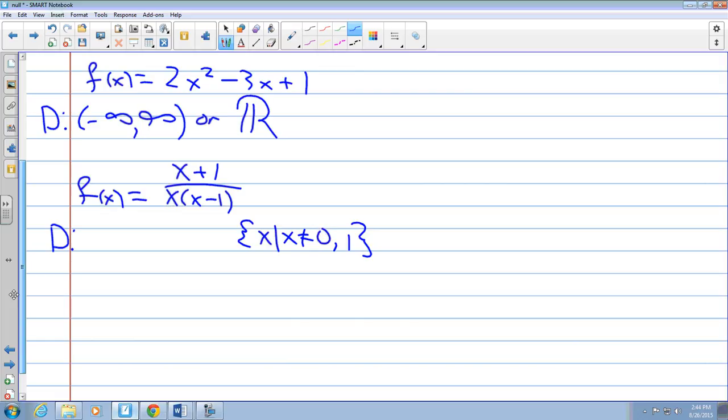That's the notation, right? Interval notation is going to be pretty funky, because I have an interval from negative infinity to 0, but not including 0, and then from 0 to 1, not including 1, and then from 1 to infinity, right? I have three intervals, and I need to glue them together somehow, and Brooke kind of whispered that already.